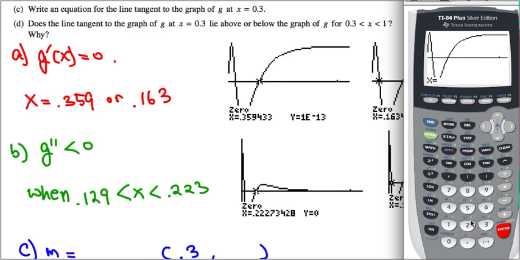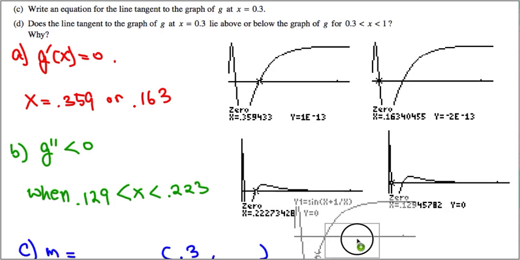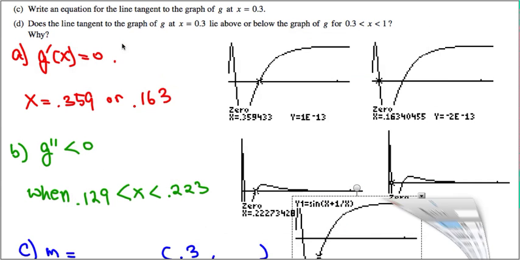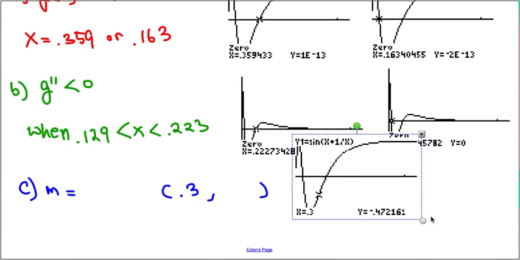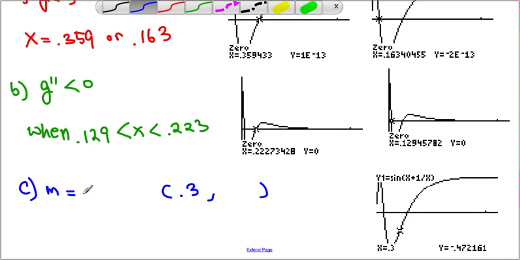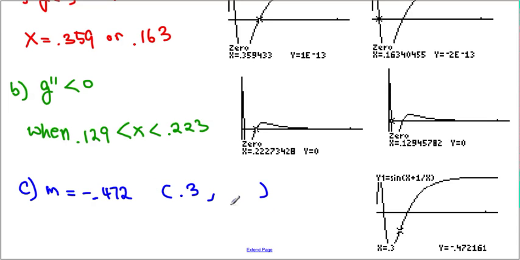That's right. X has to be 0.3. This will get us the slope. Alright, here. Slope has to be -0.472.